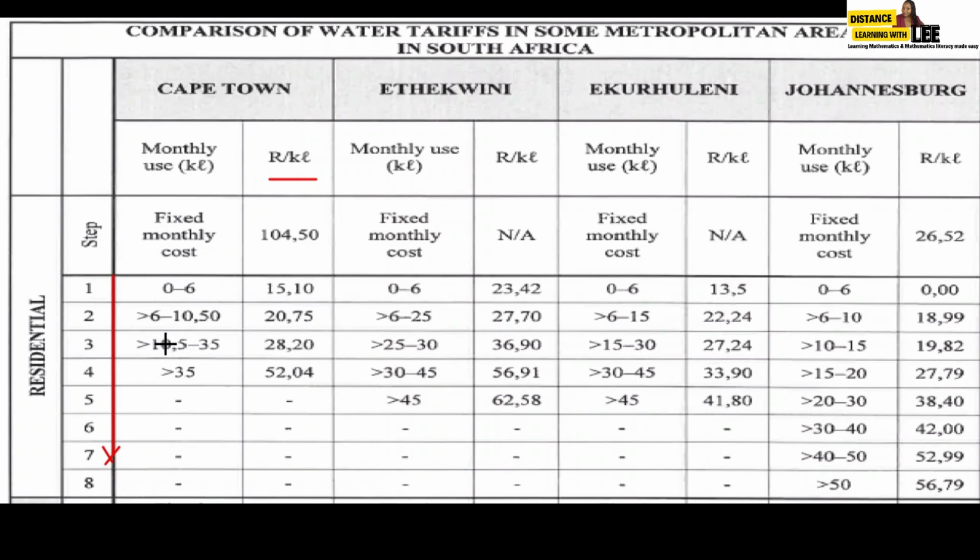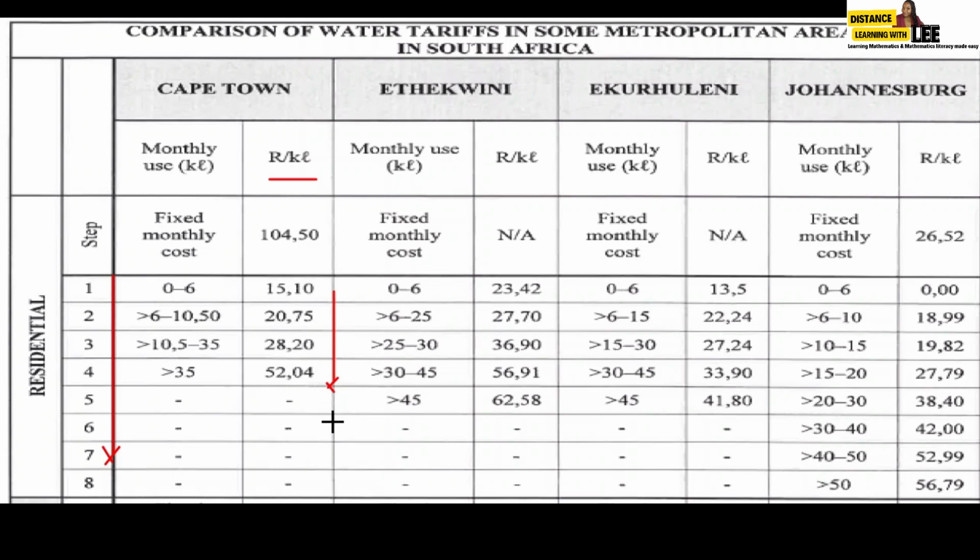If you've used between 6 kiloliters to 10.50 kiloliters, you will pay 20 Rand and 75 cents per kiloliter that you use. So what are we noticing here? The more kiloliters or the more water that you use, the more you pay. That is what I mean when I talk about a tiered system of tariff.